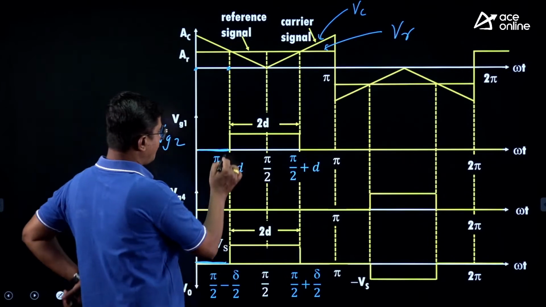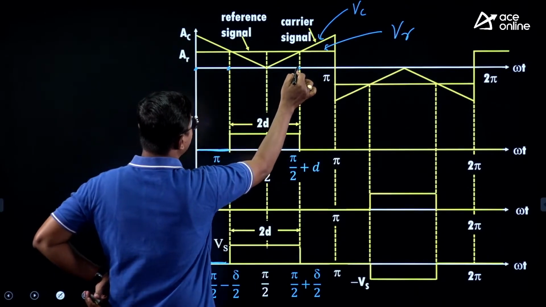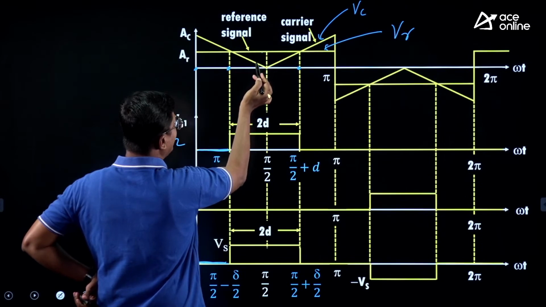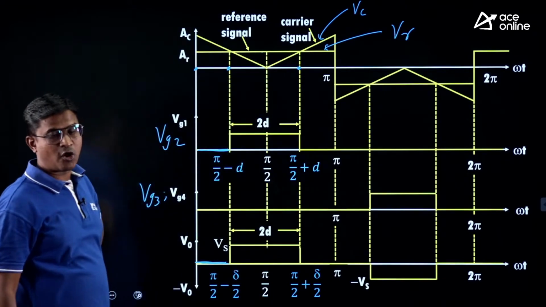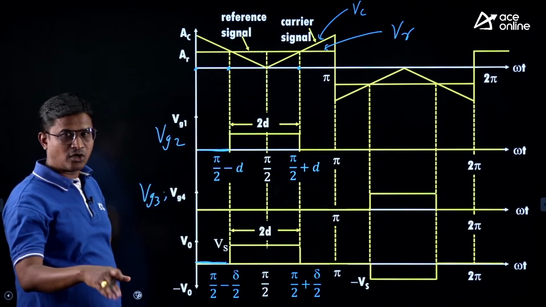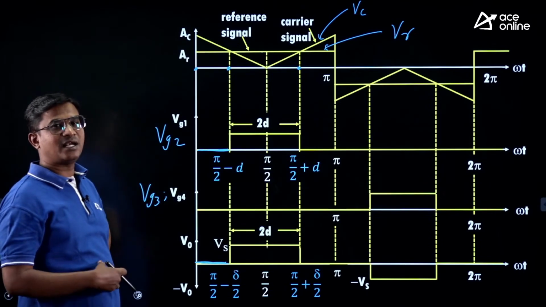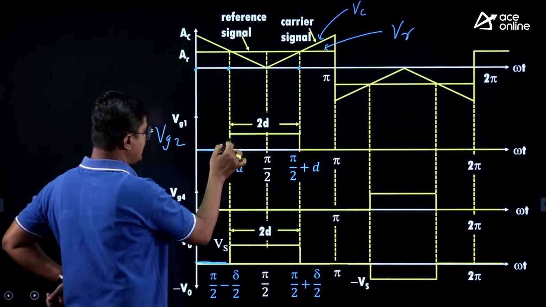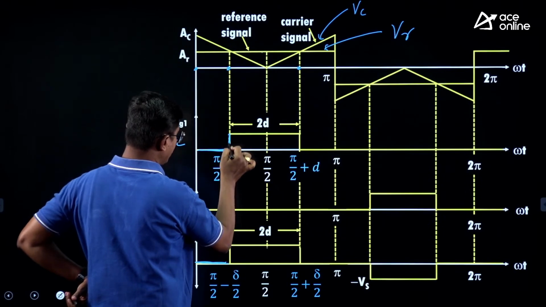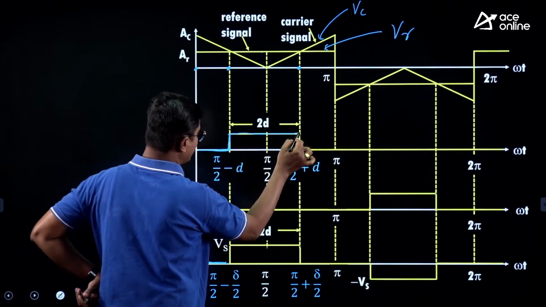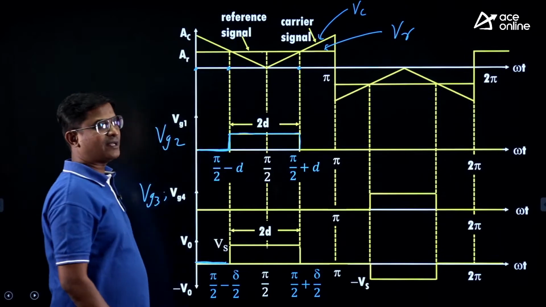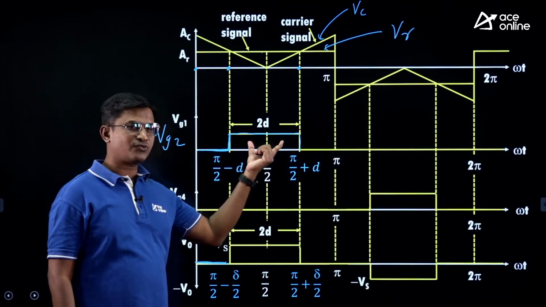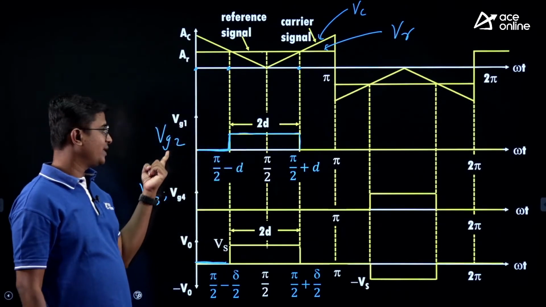Next, from this point till this point you can check the reference signal value is greater than the carrier signal. So my output of comparator will be logic 1, so my trigger pulse generator will generate triggering pulses. So these are your triggering pulses. From this point till this point triggering pulses are present. Those triggering pulses we are going to provide to switches S1, S2.